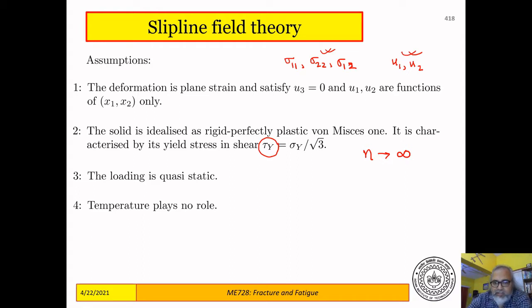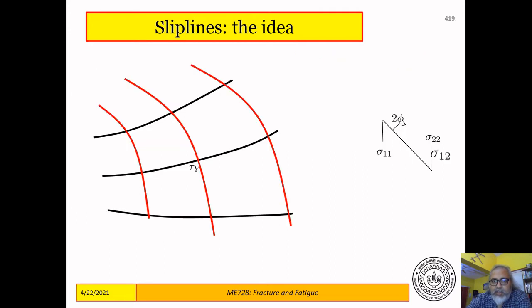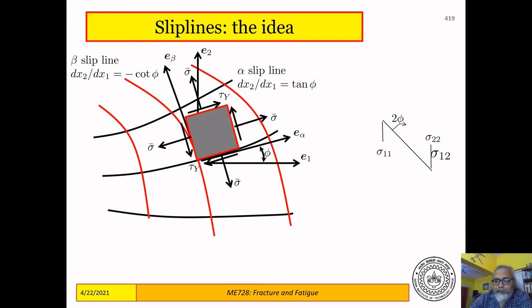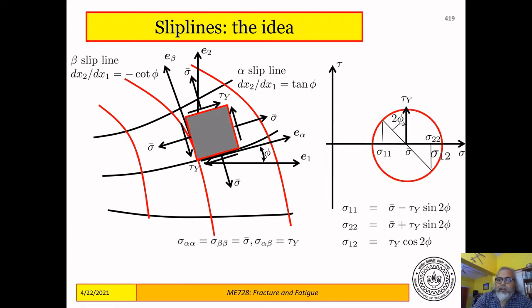Okay, so we will just concentrate on the interpretation of them. So we also assume that there are no body forces, and with these assumptions we can construct what is known as a slipline field. So let me explain what these slipline fields are.